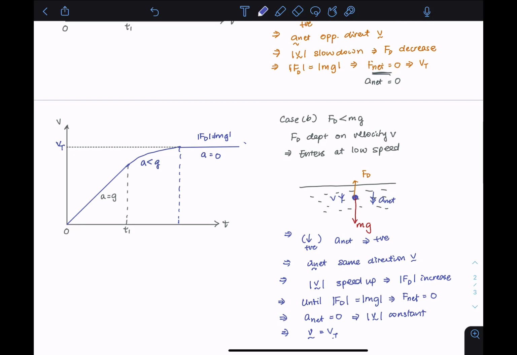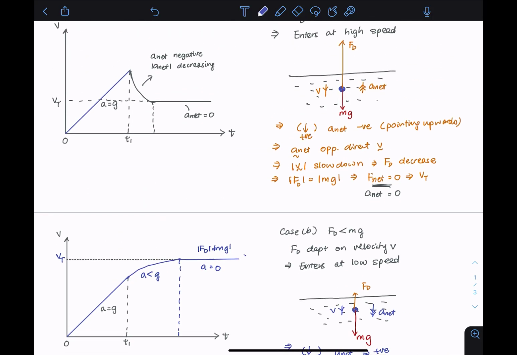So these are the two cases and the two graphs that you get: case A, where the oil is entered at high speed and the drag force is larger than the weight, and case B, where the drag force is less than the weight. So that's our answer.